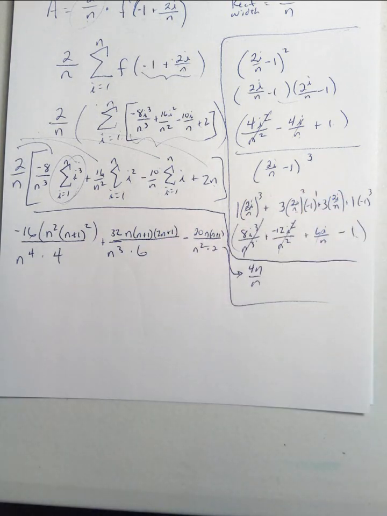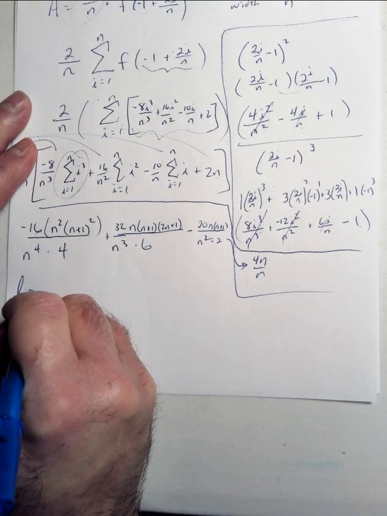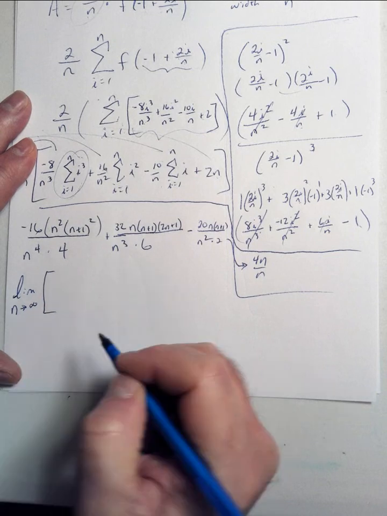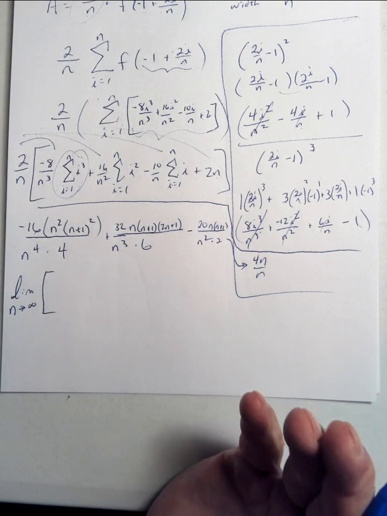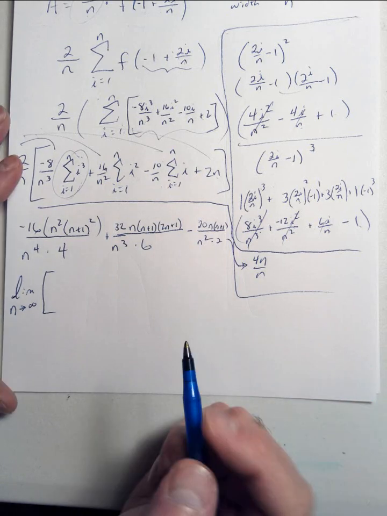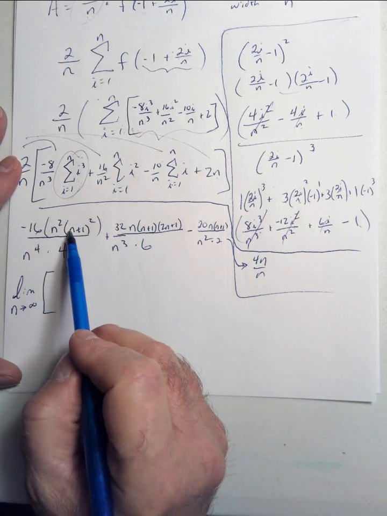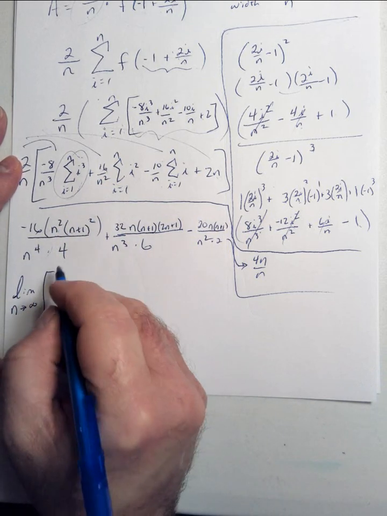Okay, so now what do we do? We apply the limit as n goes to infinity of all of this, right? And you can rewrite all this, but we know what we need here. We only need our leading coefficients. What are my leading terms going to be? That's an n squared, that's an n squared, so that's n to the 4th. So really, what are we talking here?